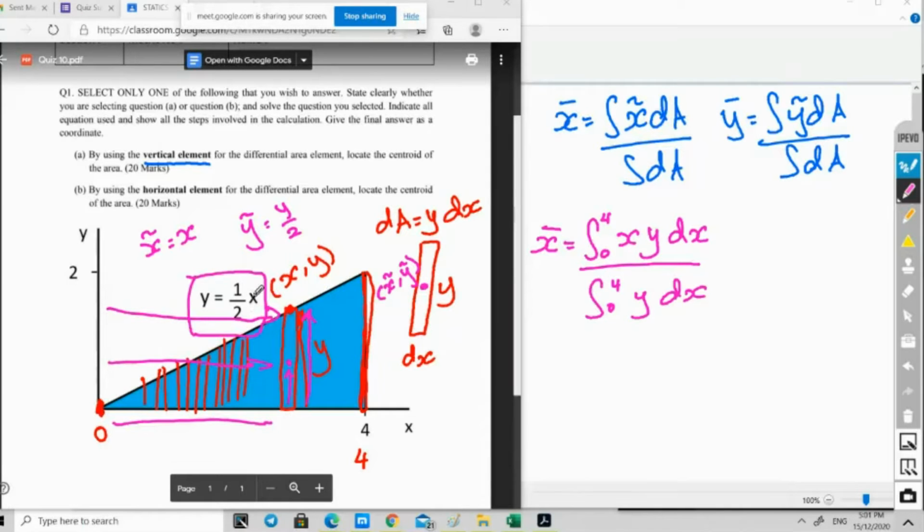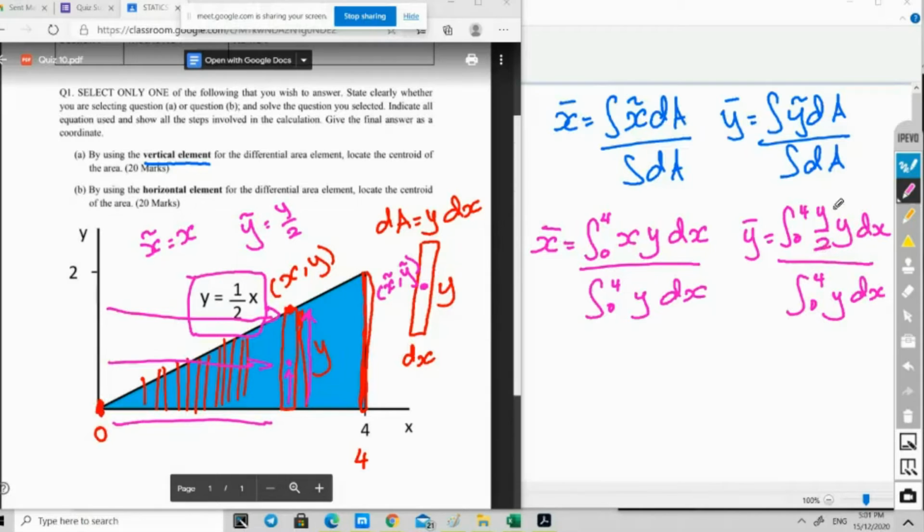So you can just plug in y equal to 1 over 2x into here, and then you get your equation that you can integrate until the end. Similarly with this one, for y bar, the integration limit is the same, 0 to 4, and then y wave is y over 2, and dA here is y dx, over the integration of 0 to 4 y dx.